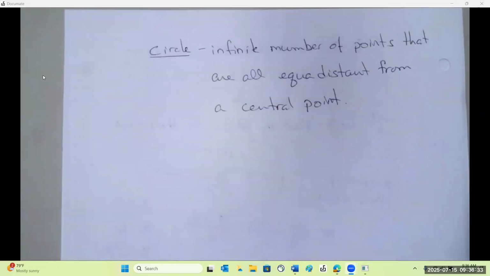It's an infinite number of points that are all equidistant from a central point.